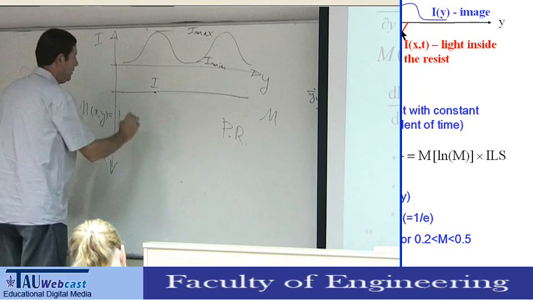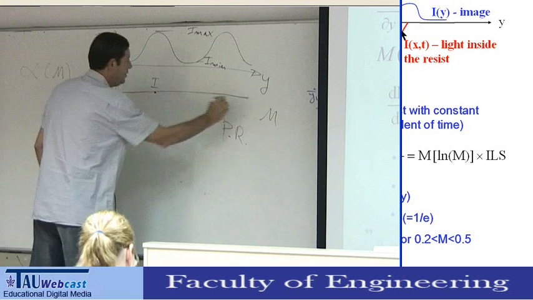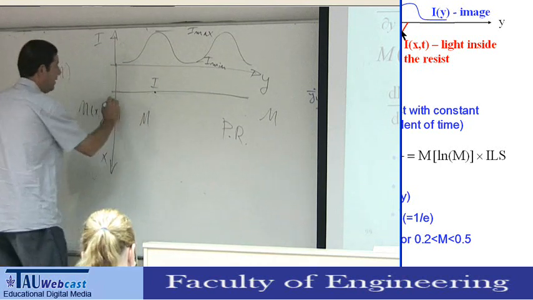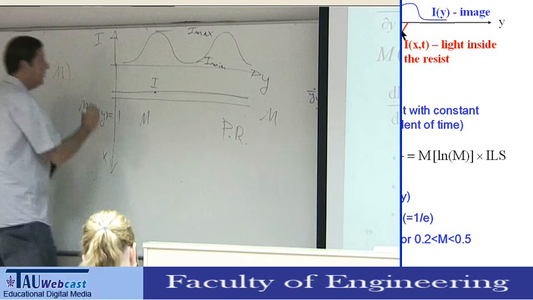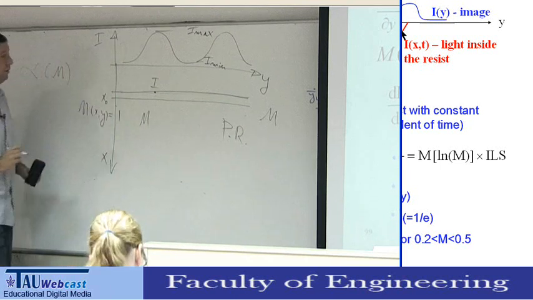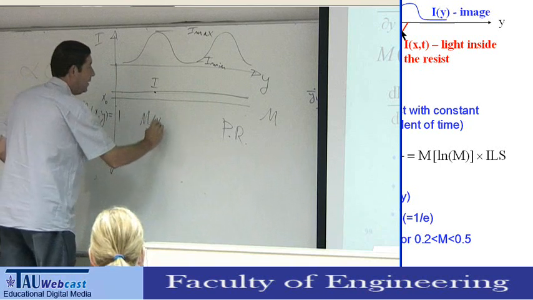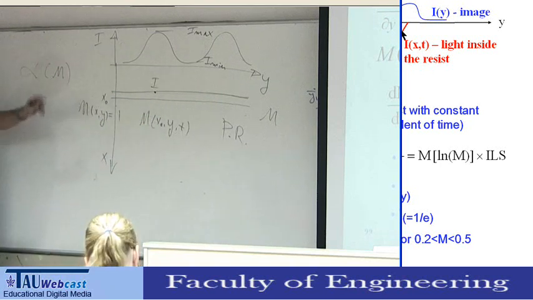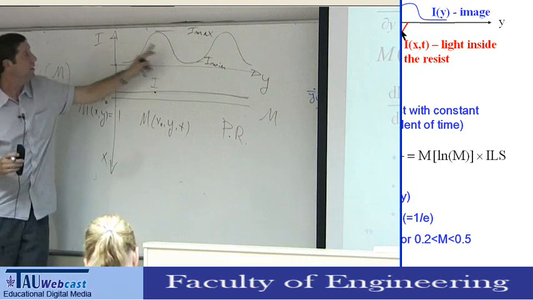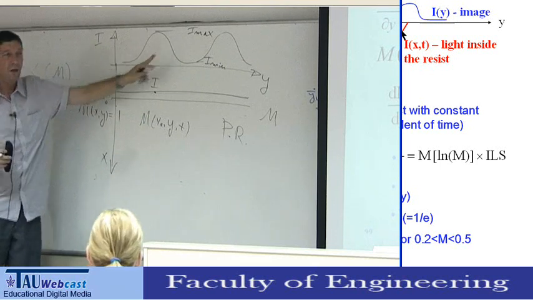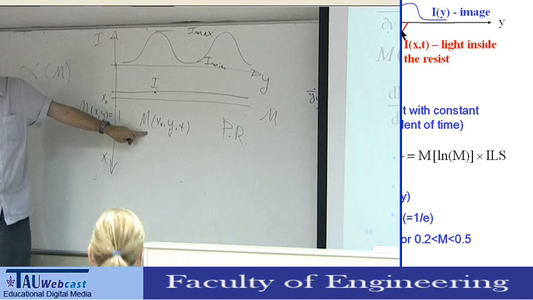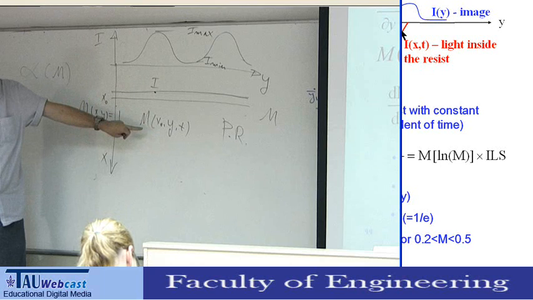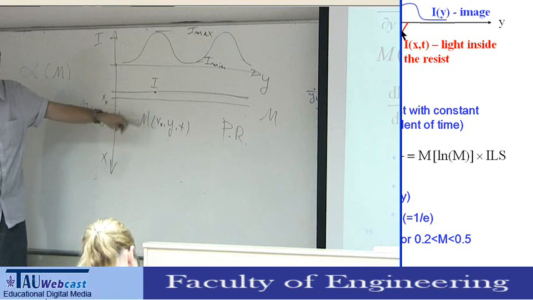I'm now interested, let's say, in the function of M on the photoresist. If I take a slice here of the photoresist at the distance x0, I'm interested in M of x0, y, t. And the reason is, if I have a certain quality of the image, I'm interested in the concentration of the photoactive compound inside the photoresist as a function of x, y, and time.